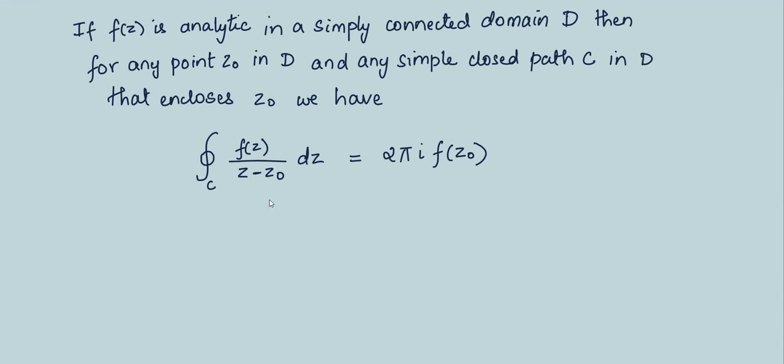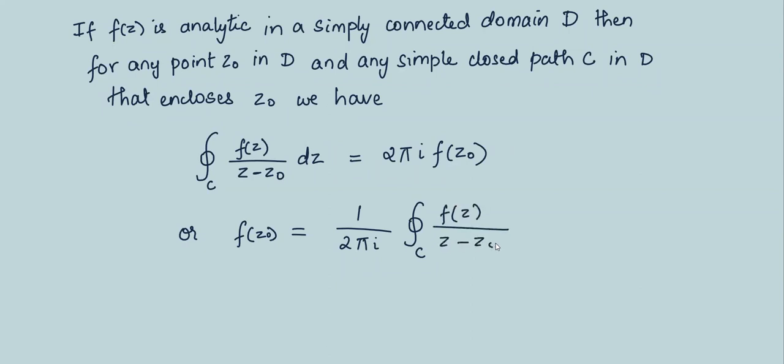So you can say this is an extension of that. The other way of writing this is, f of z naught is equal to 1 by 2 pi i into the integral of f of z by z minus z naught dz. So Cauchy's integral formula, one of these two.